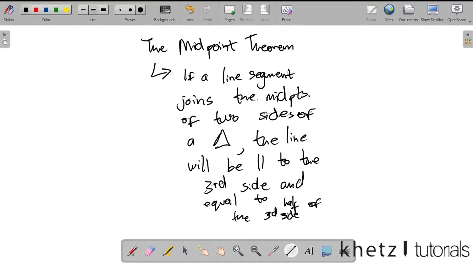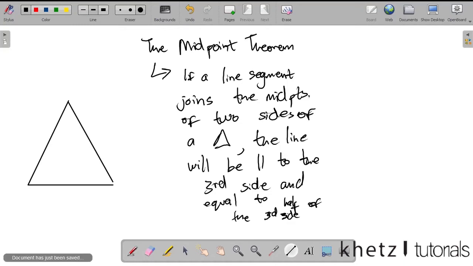Okay. So what does that mean? Let's draw a triangle. A triangle basically looks something like that. Just imagine it's actually closed at the bottom. Let's draw another line because it's talking about a line segment which joins the midpoints.